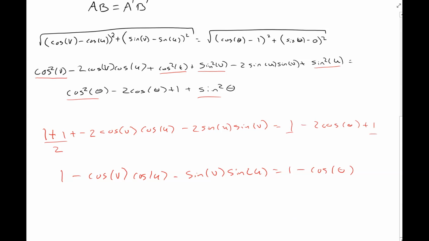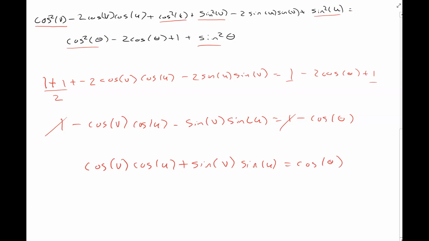Now I can subtract 1 from both sides to get rid of the 1s. Everybody agree with that? Yeah. And I can divide both sides by a negative. And I have this, right?